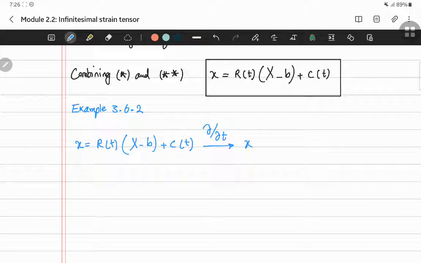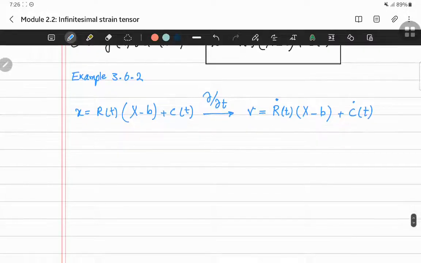If we take the derivative of x with respect to time, basically it gives us v, the velocity, and here we have R(t), which is a function of time, so we have R dot. So we show the derivative with respect to time with a dot, if you recall from dynamics. And this one is basically constant here. So you have the initial vector minus your arbitrary vector plus c dot(t) in here.